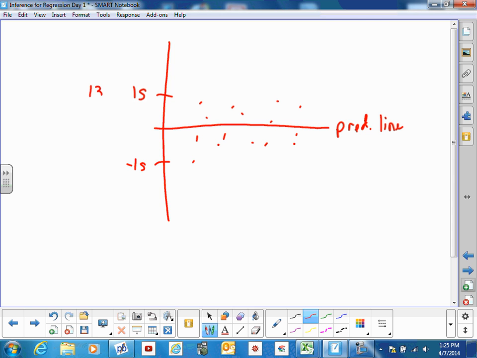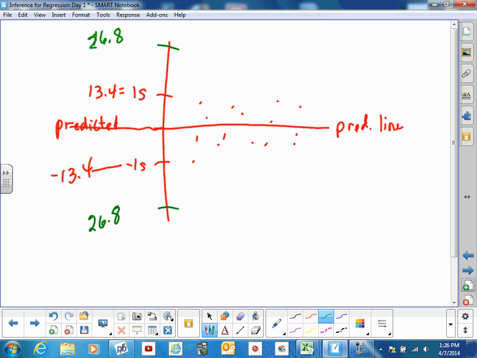So that's 13.4 above predicted, and this is 13.4 below predicted. Well, what's two standard deviations out going to look like? Yep, 26.8 above predicted, and 26.8 below predicted. Well, guess what happens, people?